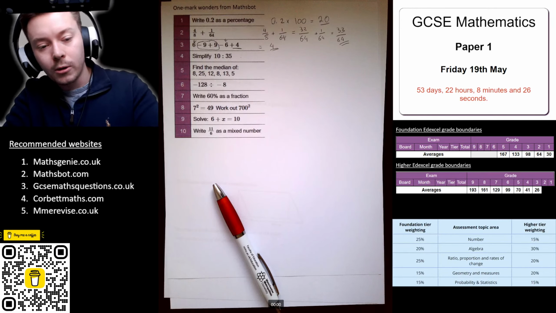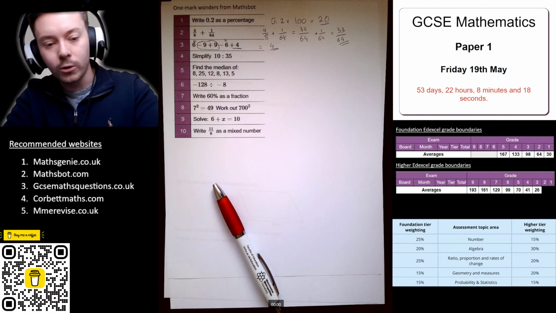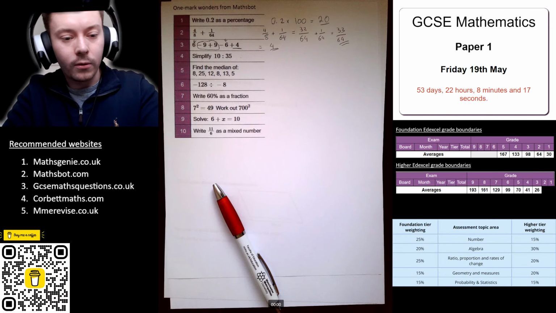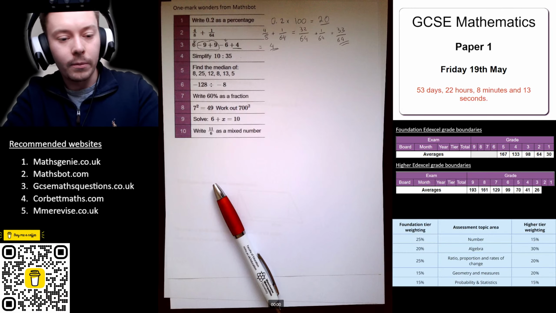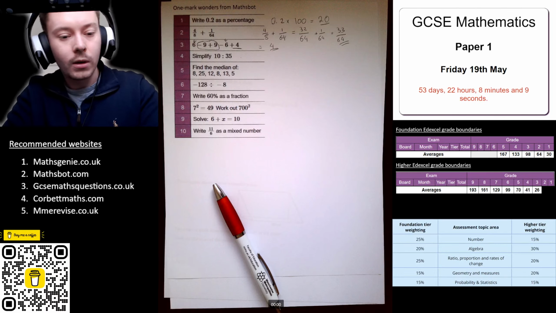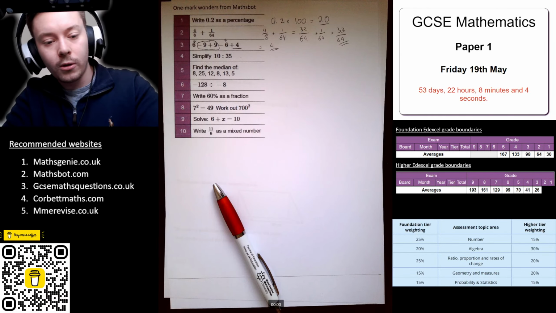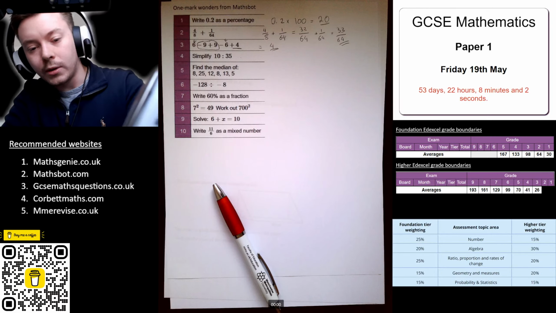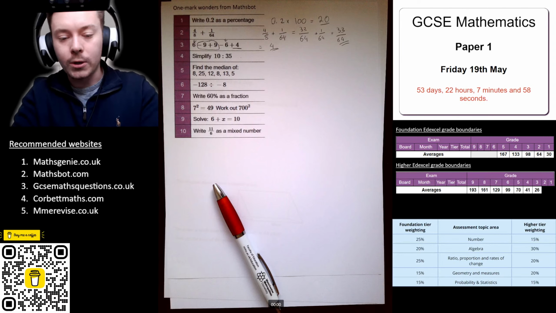Okay, median. The median is the middle number when we put them in order. So I need to put them in order first of all. So we've got 5, and I'll cross them off as I go. 8, 8, 12, 13, and 25. With a small amount of numbers, this is the best way to do it.